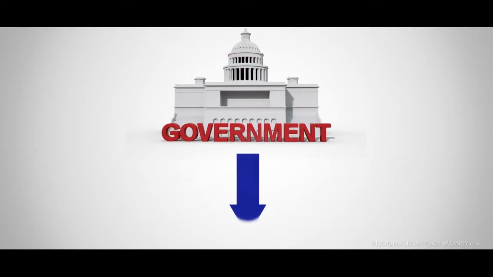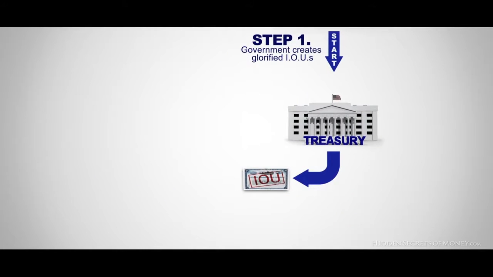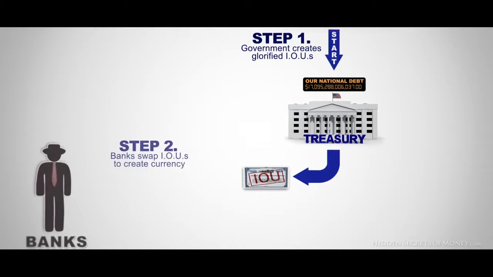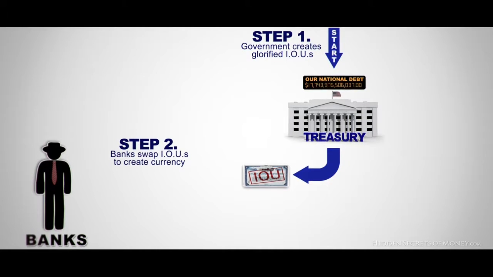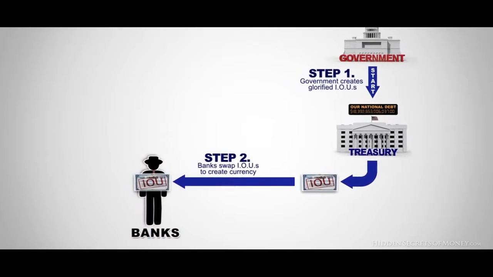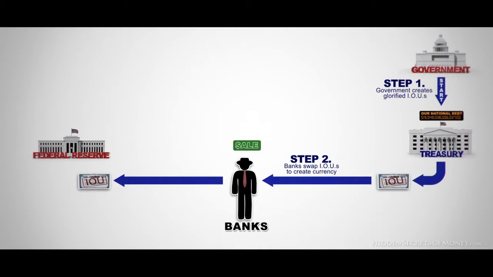The way the system works is that, step 1, the government creates glorified IOUs. These bonds increase our national debt and put the public on the hook to pay it back. Step 2, IOUs are swapped to create currency. The Treasury sells the bonds to the banks. The banks then turn around and sell our national debt at a profit to the Federal Reserve, which they probably own.